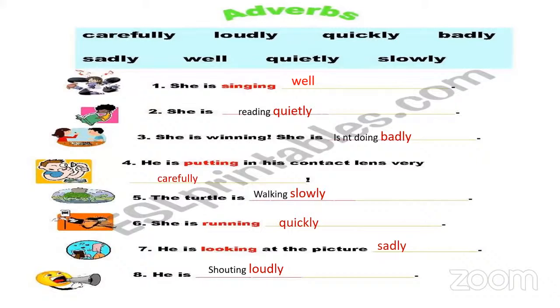Next one, number 6. She is running. How? Quickly. She's running towards the bus stop, right? To catch the bus. Number 7. He is looking at the picture. Sadly. The action is looking at the picture. Next one. He is shouting. How? Loudly.